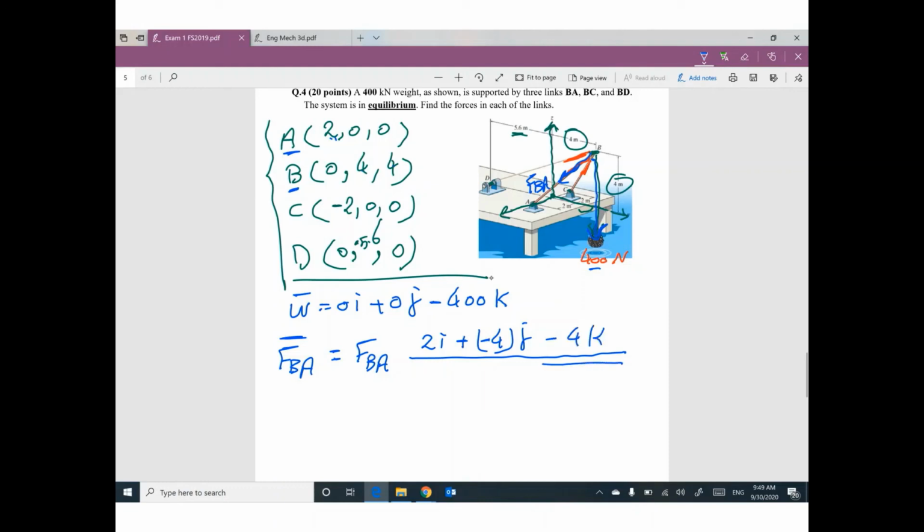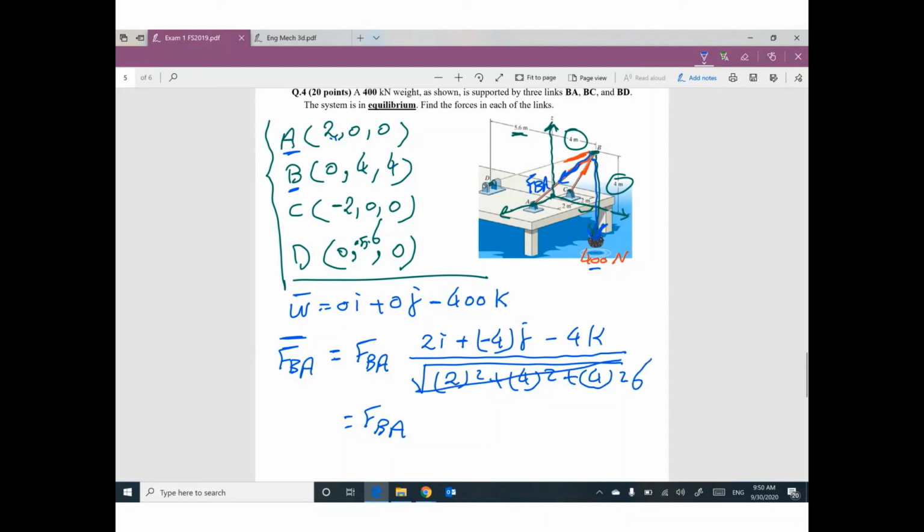Divide these numbers by the square root of these numbers squared: 2 squared plus 4 squared plus 4 squared. So I can figure out FBA as a final value. How much is this number? 4 plus 16 plus 16, 36. So this number will be 6.